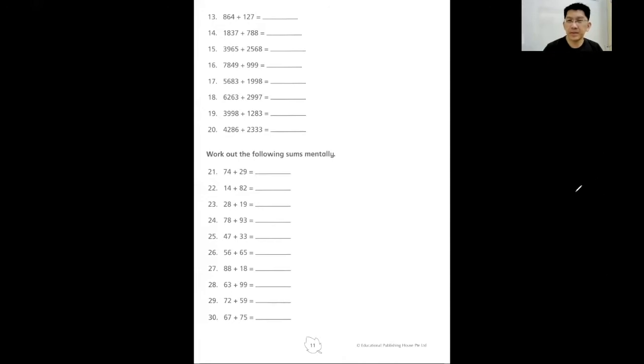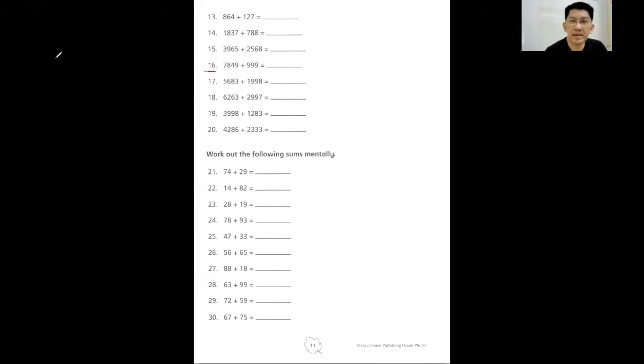All right, so number 16. I'm going to use this part of the screen to write down what I need to write. So I call that my working space. So you always have to do some working like this. So number 16, 7,849.